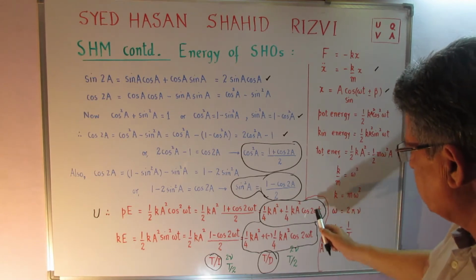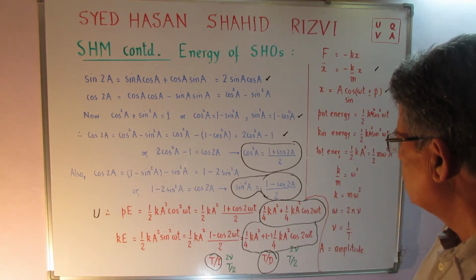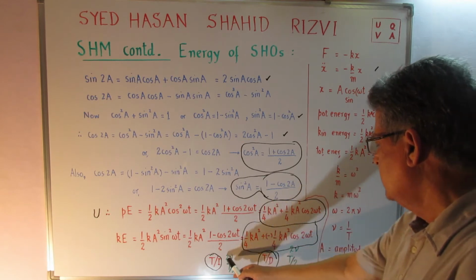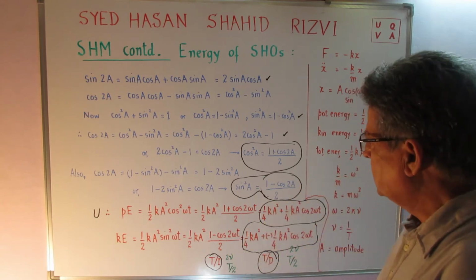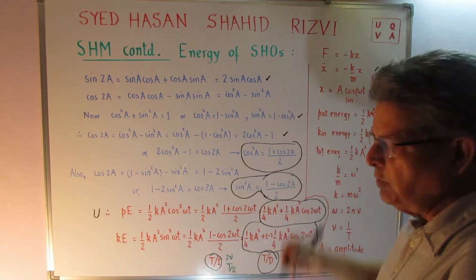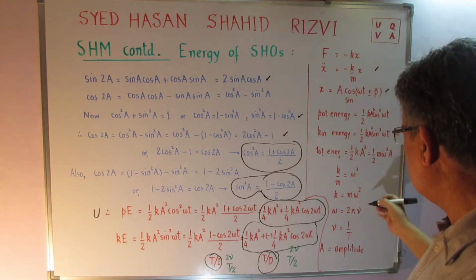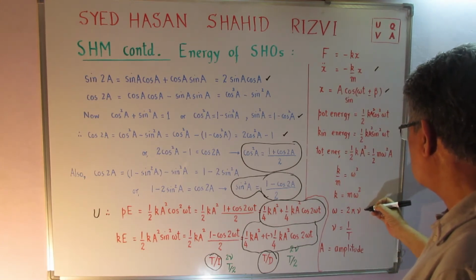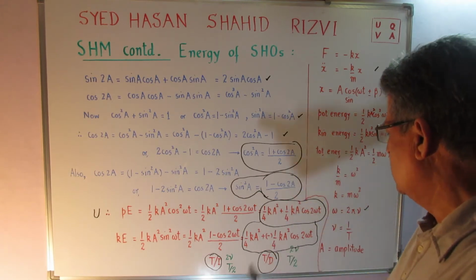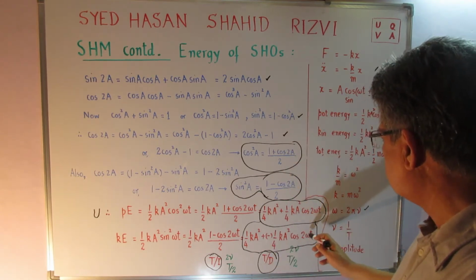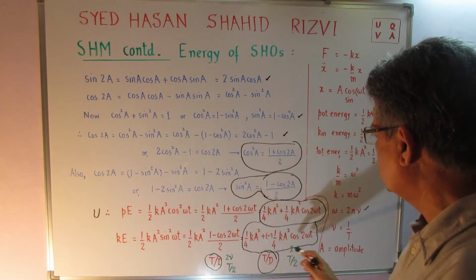Now, in both the cases, the frequency is 2 nu, because omega is equal to 2 pi nu. Here the frequency becomes twofold. Omega becomes 2 omega, so nu becomes 2 nu.